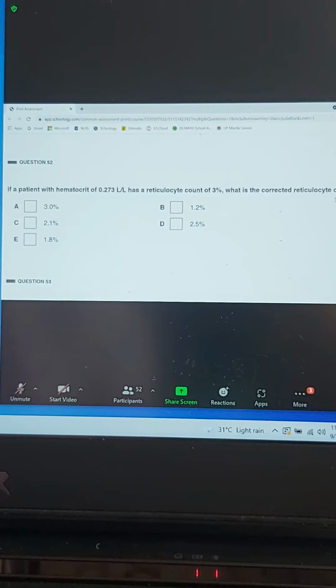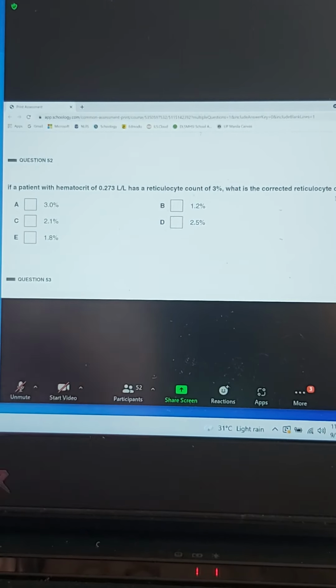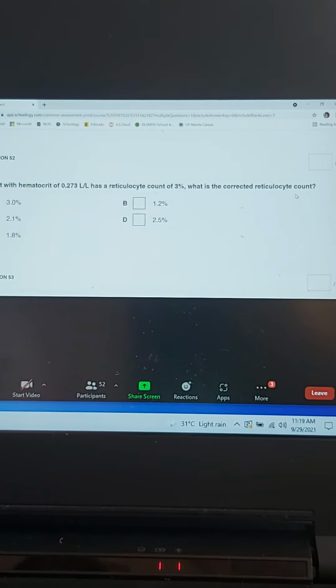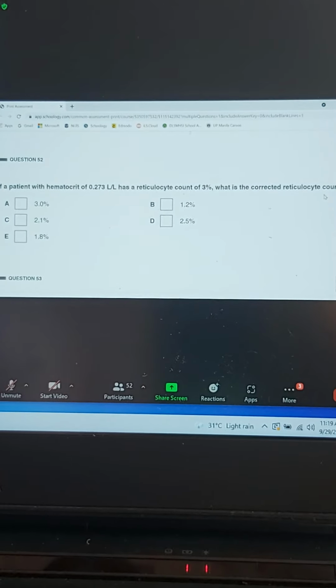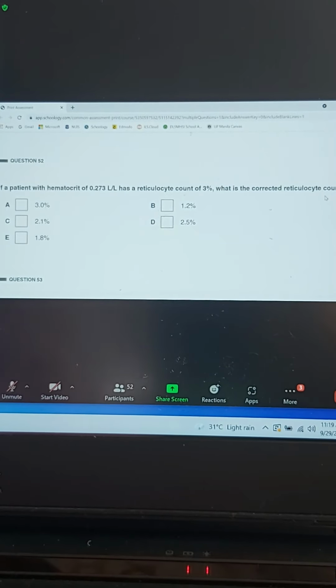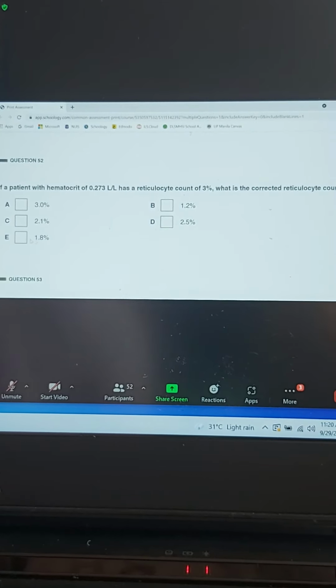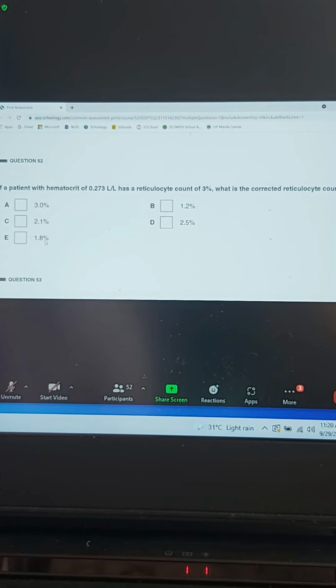Kung gagamitin mo yung 0.273 as is, wala kang makukuha sa tamang sagot, no? So, dapat i-convert nyo siya into percent, so 27.3, para makuha nyo talaga yung 1.8. So the correct answer here is letter E, 1.8% or 1.82% kung kinalculate mo siya.